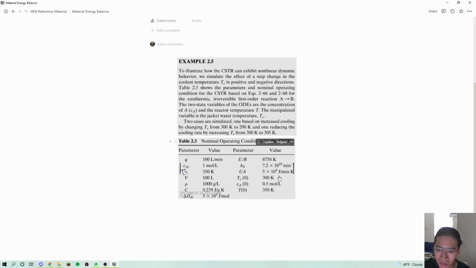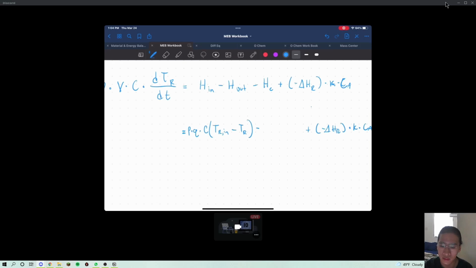The rate at which heat is being transferred per unit temperature. So UA, what do we multiply by? We should multiply by the difference between the two temperatures that it's conducting between. The difference being the temperature of the reactor minus the temperature of the coolant.